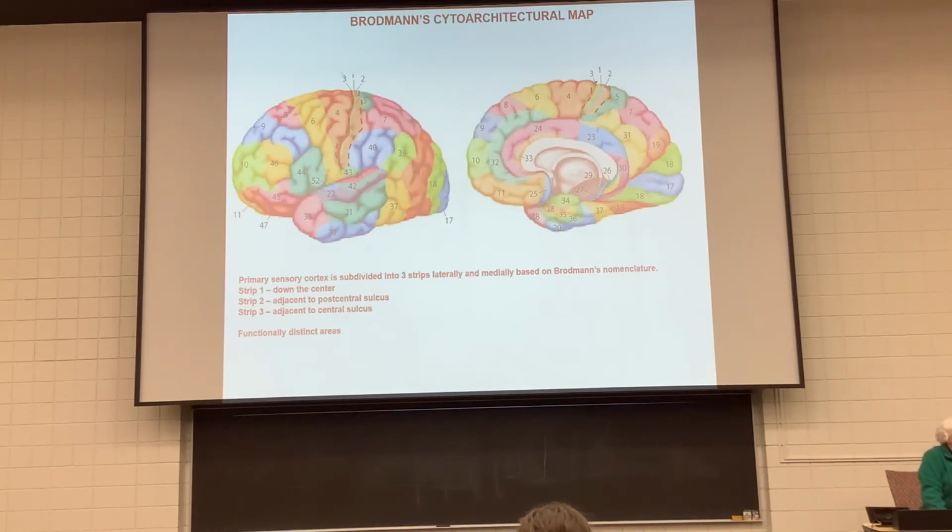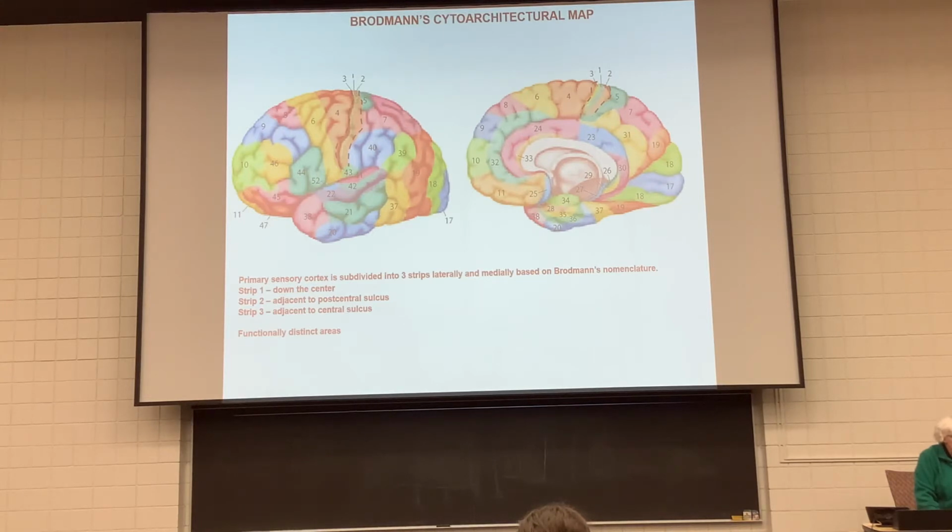He defined what's called Area 1, which is a strip that goes right down the center of the postcentral gyrus. And then just caudal to that is another strip called Area 2. You just think of that as being adjacent to the postcentral gyrus. And then Area 3, which is next to the central sulcus.